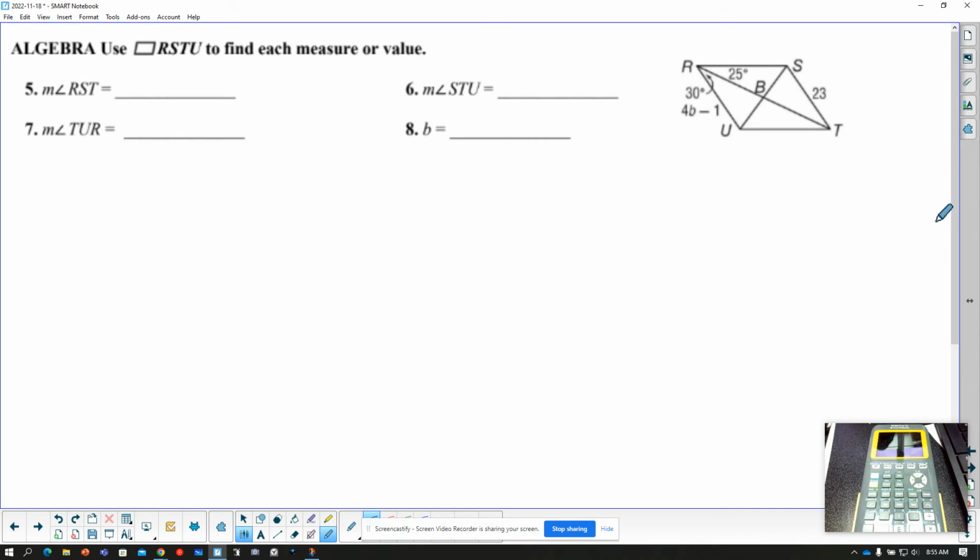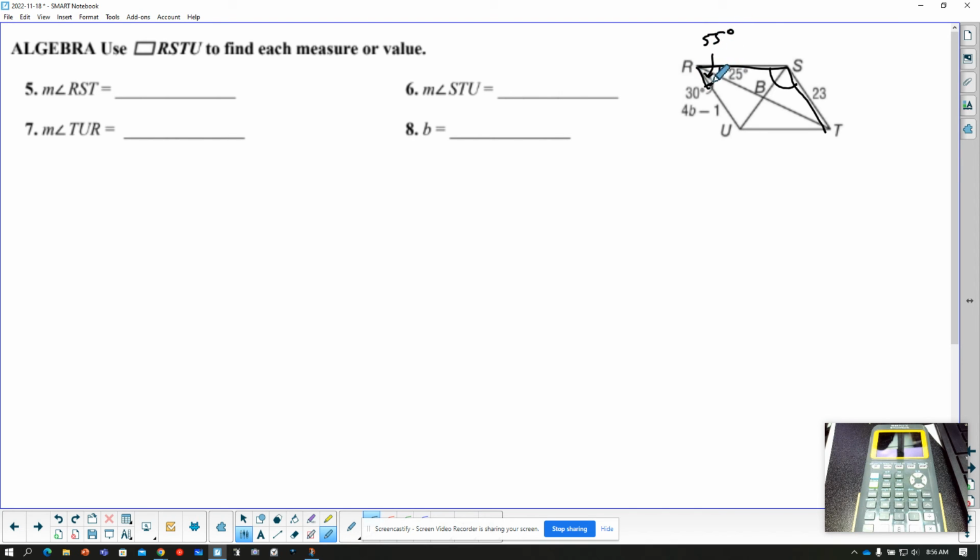5, 6, 7, and 8 we're going to do together all the way through. First of all, angle RST. RST is this entire angle right here. Well, this angle is 30 plus 25, 55 degrees is this big angle here.